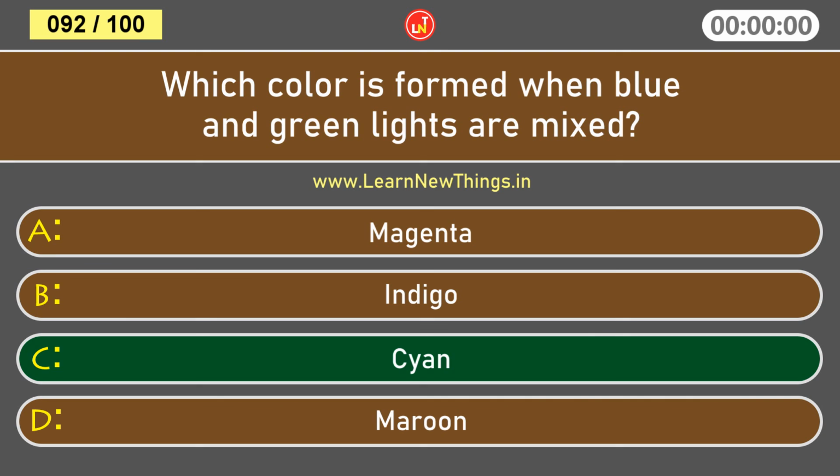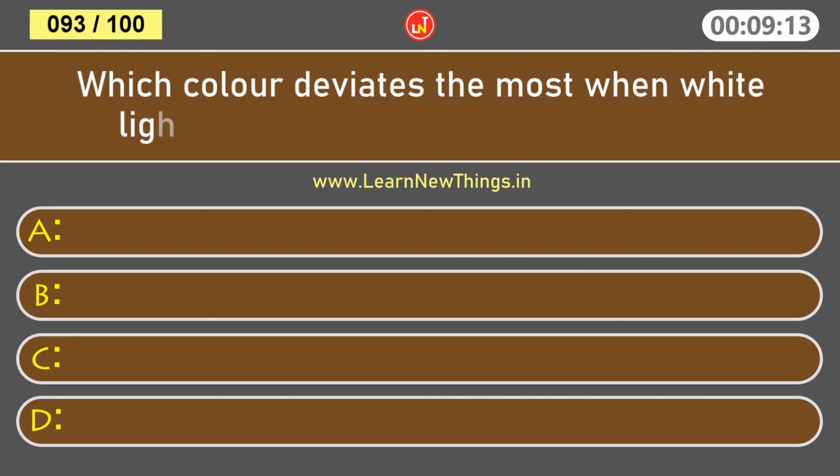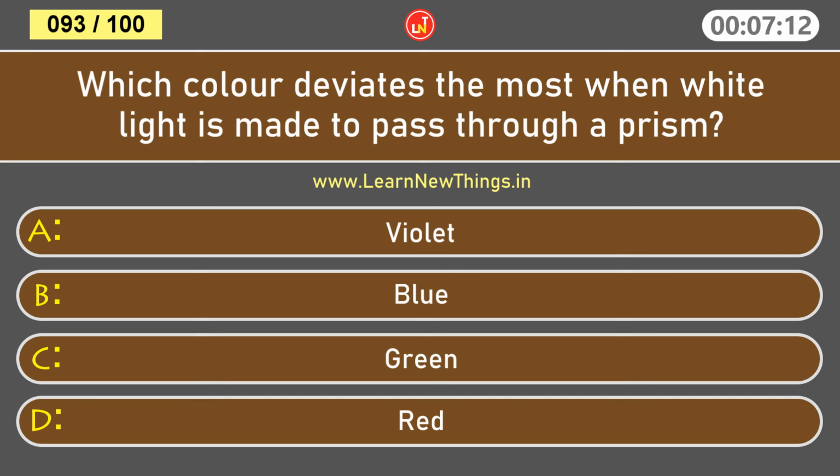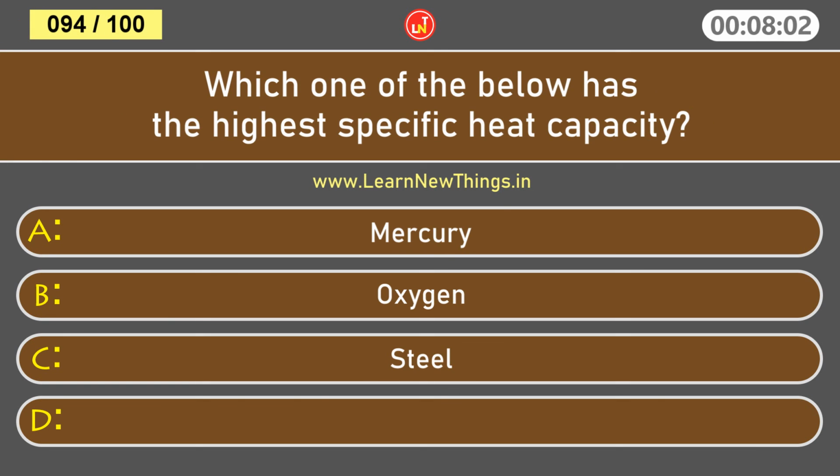Cyan. Which color deviates the most when white light is made to pass through a prism? Violet. Which one of the below has the highest specific heat capacity? Water.